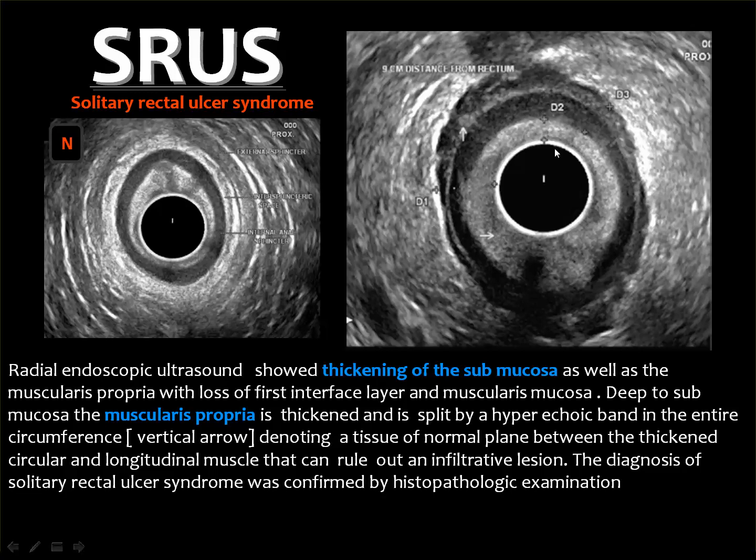And also you can see that there is a relatively echogenic band between the layers of the muscularis propria. And according to the literature, they said that if this is an infiltrative pathology like infection or neoplasm, this line would not be present because this line indicates that you are dealing with a non-infiltrative pathology.